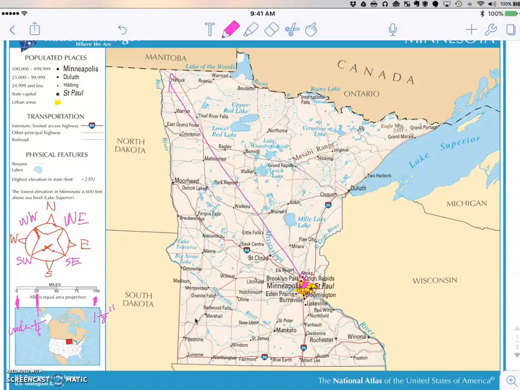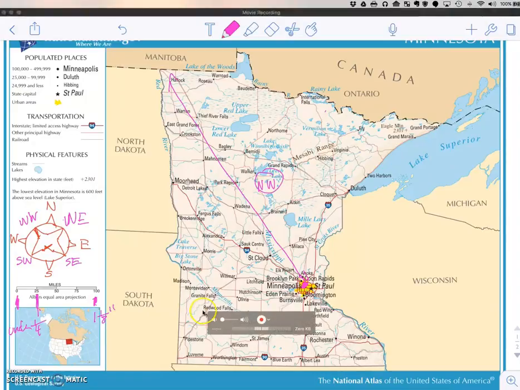So what direction is Halleck? Well, it looks to me to be pretty much, if we're heading from Minneapolis to Halleck, northwest. All right, so we know that it's northwest, and now we need to get our ruler and measure it.